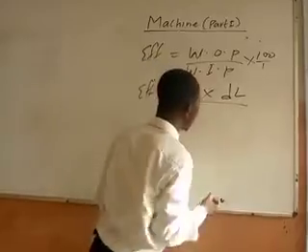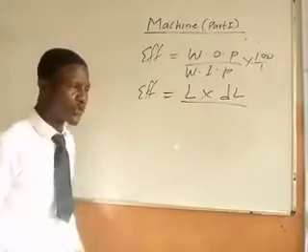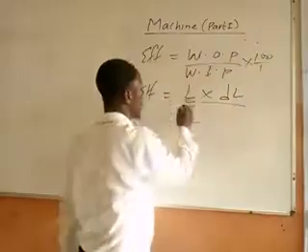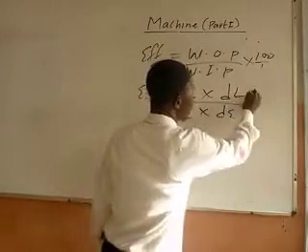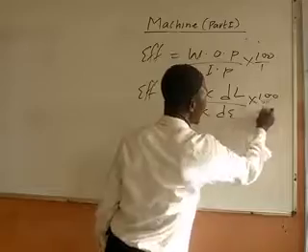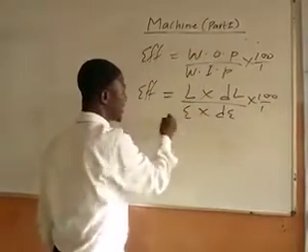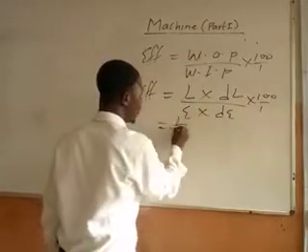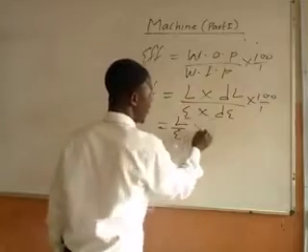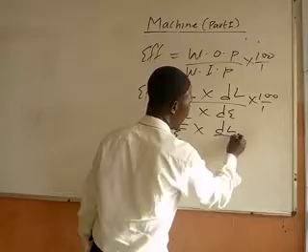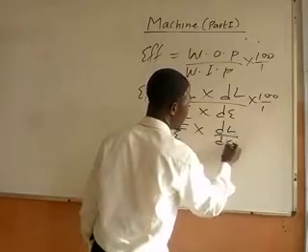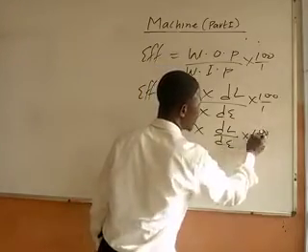Then what is work input? The effort supplied to the machine. That is effort multiplied by distance moved by the effort times 100 over 1. So we can easily write it like this as load over effort multiplied by distance moved by the load over distance moved by the effort times 100 over 1.